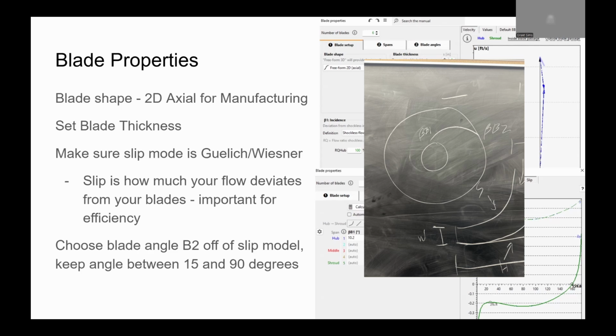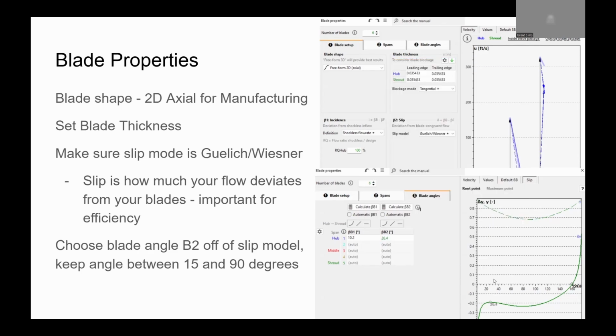If you have a blade, you have your initial angle. This is B1, and then the angle here is B2. So that's the angle we're referring to. And then beta B1, I mainly keep it just automatically calculated, because usually that initial angle is based on your swirl factor coming in, so how much the fluid is spinning, if at all.